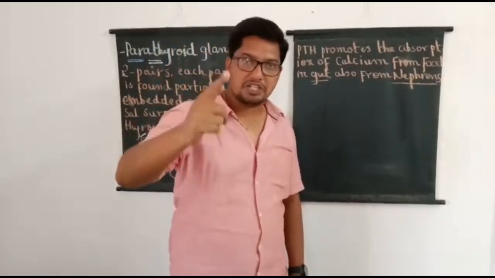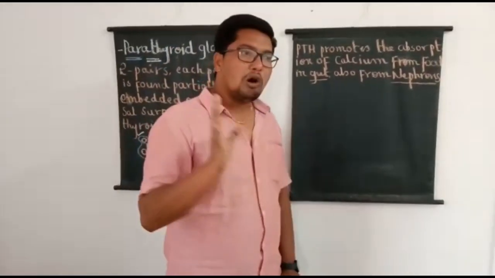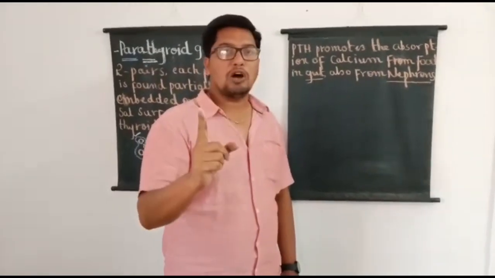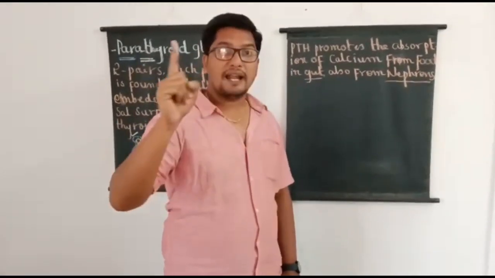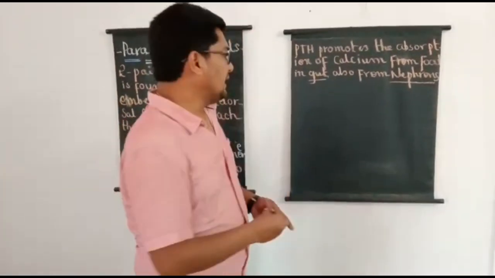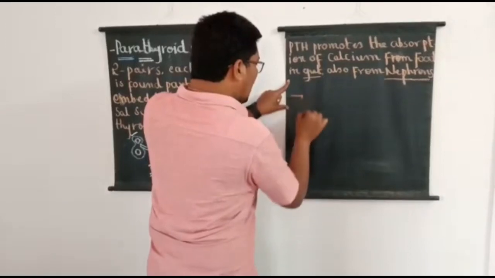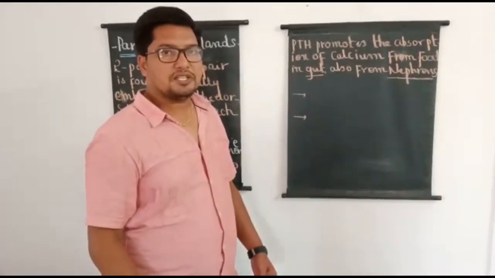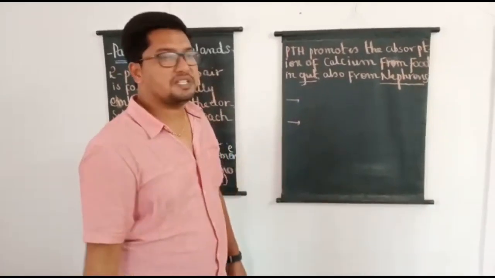Based on this function, parathyroid hormone is popularly called hypercalcemic hormone, and its functions are antagonistic to which hormone? Calcitonin. Now let us look into the problems associated with hyposecretion of PTH and hypersecretion of PTH.